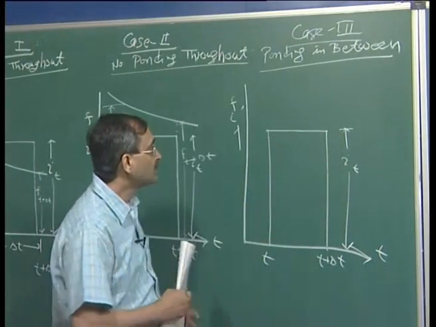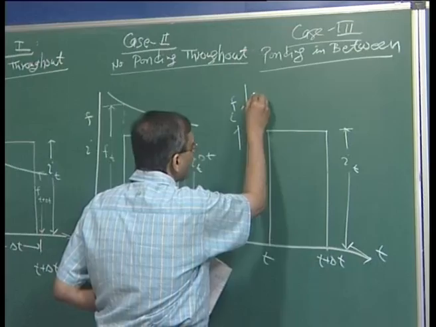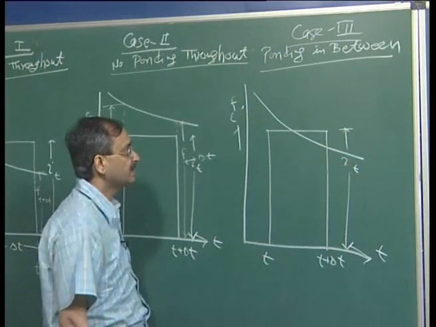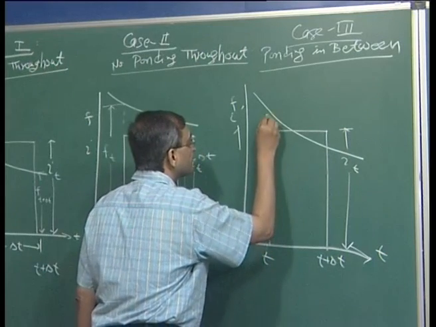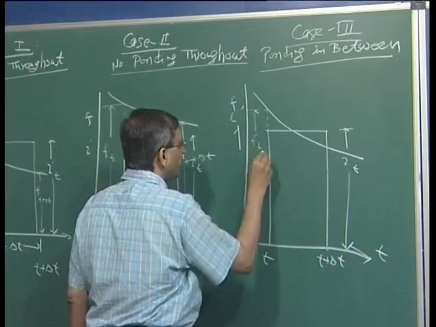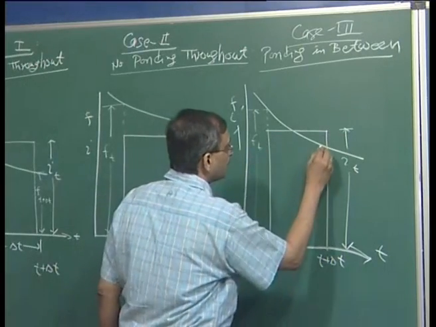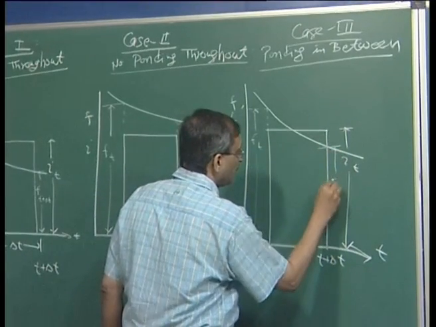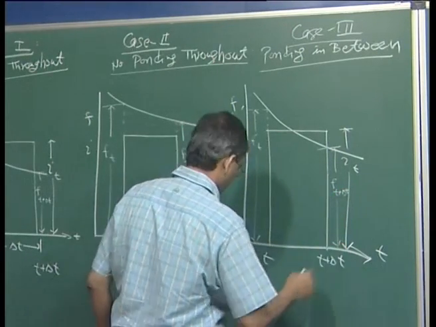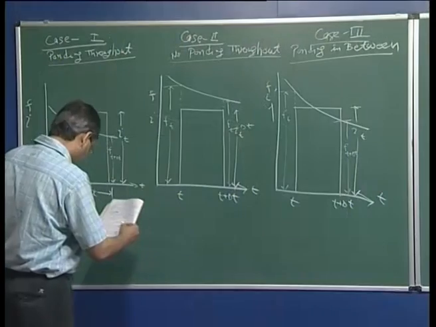So, it is somewhere in between. So, the infiltration curve will be something like this. Here you have, this is your f of t, this is your f at t plus delta t. So, these are the 3 cases.